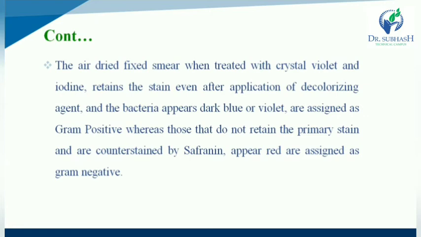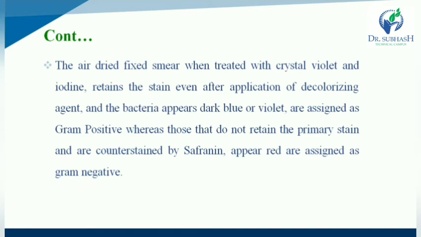And bacteria appear dark blue or violet, which are called gram positive bacteria. So what are gram positive bacteria? In gram positive bacteria, the cells appear dark blue. How is this possible? The air dried fixed smear is treated with crystal violet, and after that with iodine.